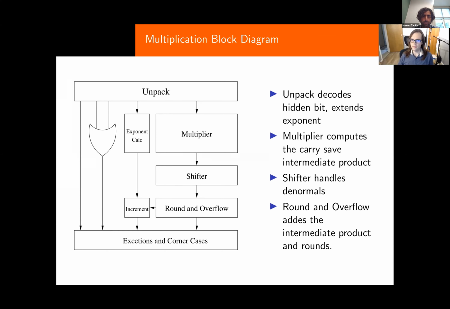Then, based on whether the inputs and the output may or may not be denormal, a shifter adjusts the position of the mantissa. Finally, we do the final addition, rounding, and overflow. This presentation and paper focus on the rounding and overflow.